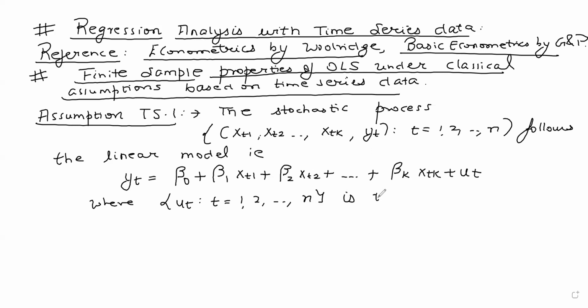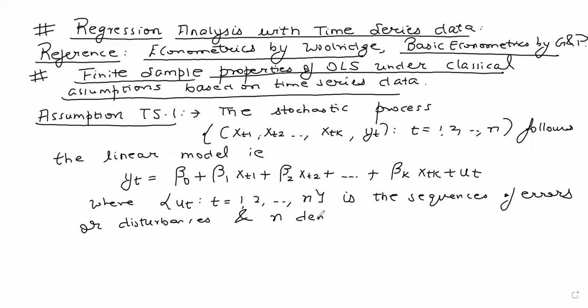So ut is the sequence of errors or disturbances, and n denotes the number of observations, or in a better way, the number of time periods.